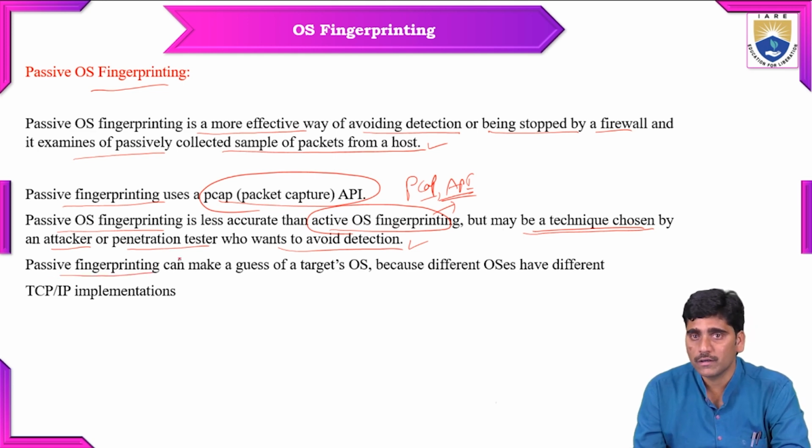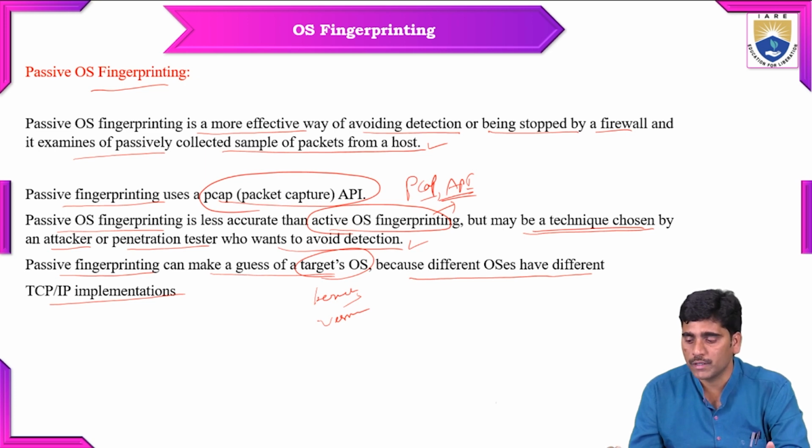Passive fingerprinting can make a guess of the target's OS: what type of OS it is, what type of kernel, what type of version. All the information can be displayed, because different OSs have different TCP/IP implementations.